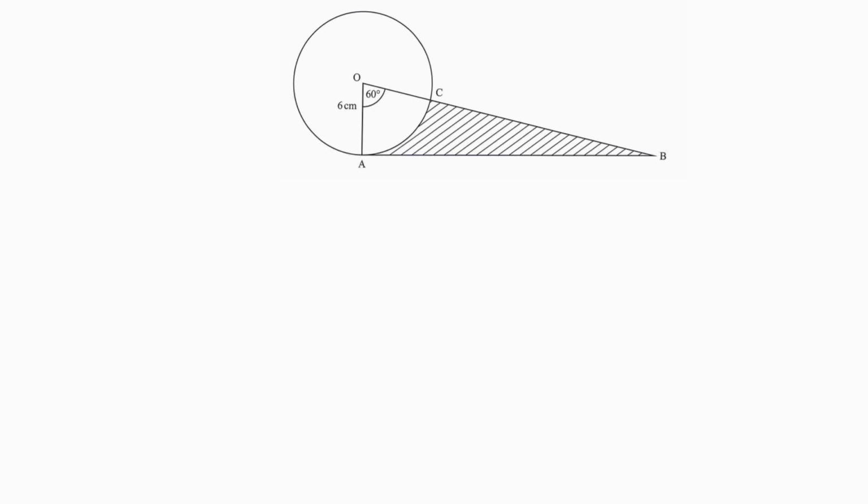Then to find the area of ACB, we need to find the area of triangle OAB minus the area of the subtended sector OAC. And therefore the area of the shaded region will be the area of triangle AOB minus the area of sector AOC.